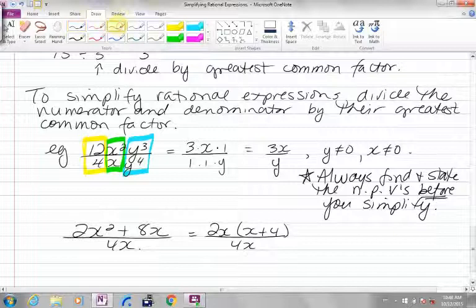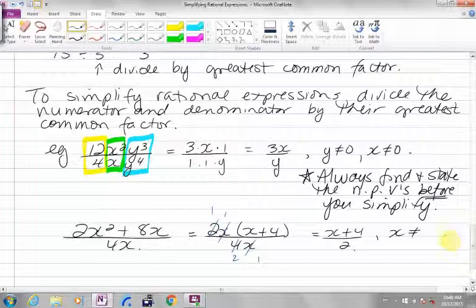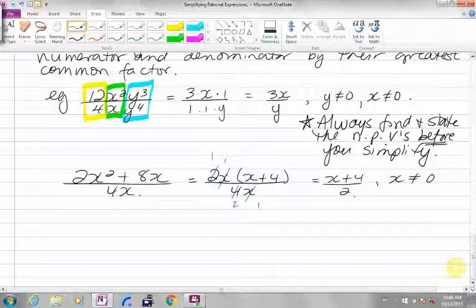So I would look at this and say, okay, I can divide out my x's, and I can divide out that 1, and that's it. There's nothing else I can divide out. Okay? So I'm left with x plus 4 on the top, 2 on the bottom, and what would my non-permissible values be? Justin? X may not equal 0. Correct. All right, x cannot equal 0.